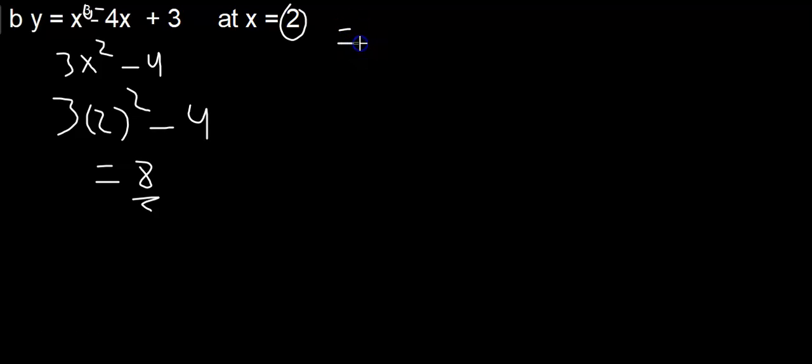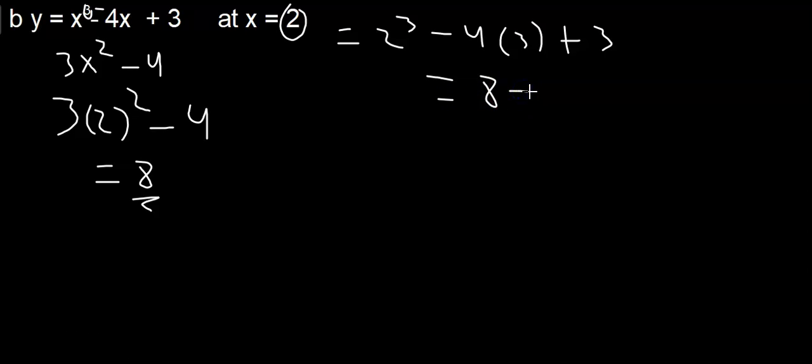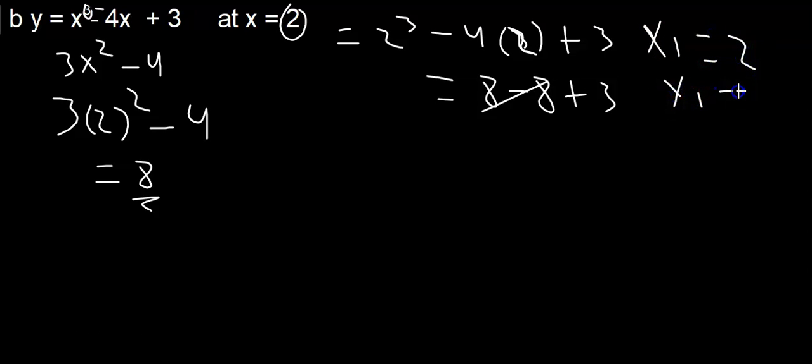So it will be 2 to the power of 3 minus 4 times 2, plus 3. 2 cubed is 8, and 4 times 2 is 8, then plus 3. When you cancel these two, you get 3. So my y value is 3. So x1 is equal to 2 and y1 is equal to 3.